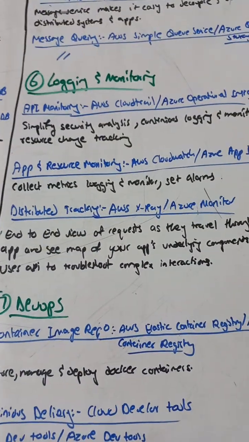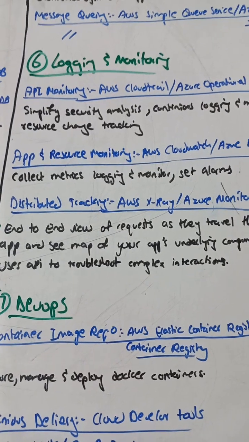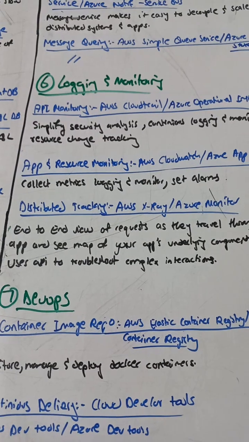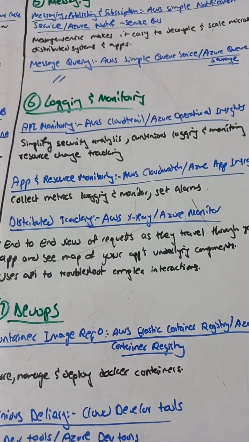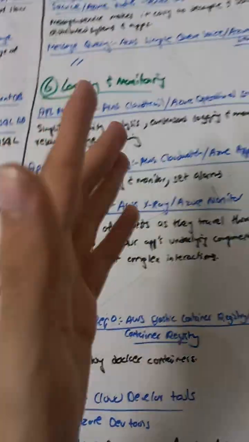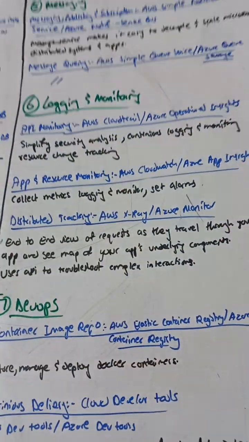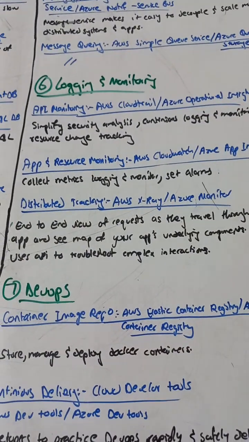For a more detailed analysis, you're going to be using distributed tracking, which is going to be AWS X-Ray or Azure Monitor, for end-to-end requests as they travel through your application, and to see a map of your application's underlying components. So basically, you can see how the requests travel from one end to the other, and if you also want to see the underlying components of your applications, then you're going to be using distributed tracking.